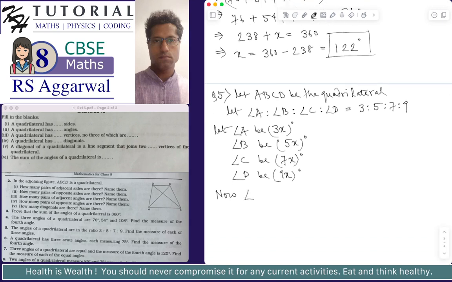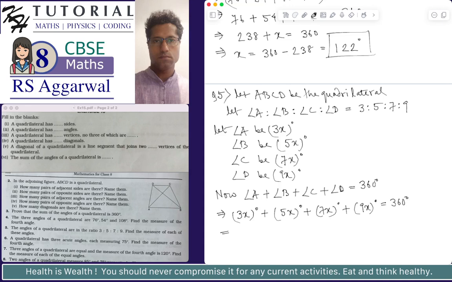So angle A plus angle B plus angle C plus angle D is equal to 360 degree. So we have 3x degree plus 5x degree plus 7x degree plus 9x degree is equal to 360 degree.